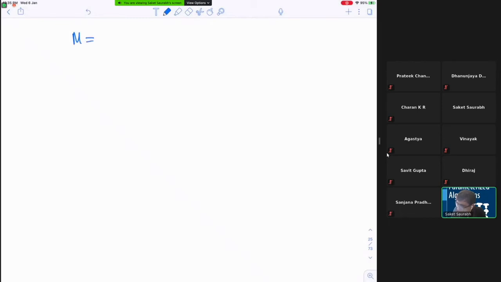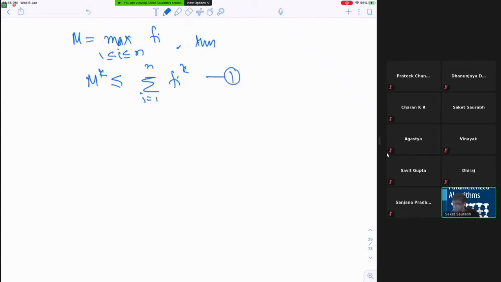So let M be the max of f_i for i between 1 to n. Fine? Then can I say the following? M to the power k is less than or equal to summation i equal to 1 to n of f_i to the power k. Is this fine? Do you agree to this?